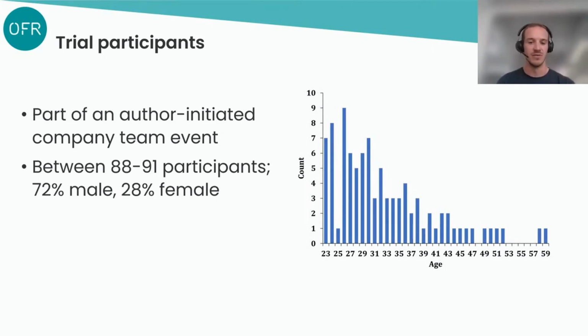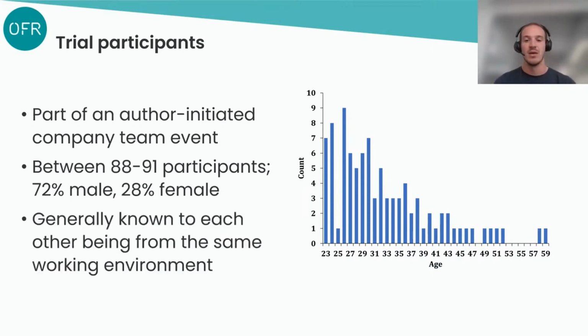The number of participants varied as not everyone partook in every trial based on having to go and answer the phone or the like. As we were all from the same company, we were generally known to each other, which may have an impact on how the trials ended up.